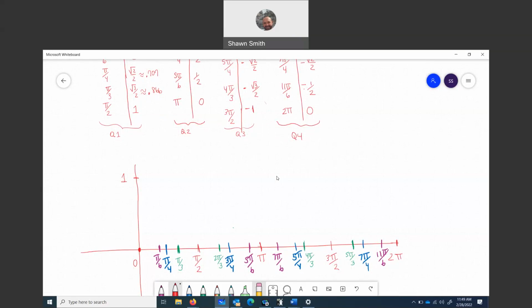Pi over 6 was 1/2. Pi over 4 is 0.707, so maybe about there. Pi over 3 is 0.866, about right there. Pi over 2 is 1. 2 pi over 3 is 0.866. 3 pi over 4, 0.707. 5 pi over 6, 1/2.